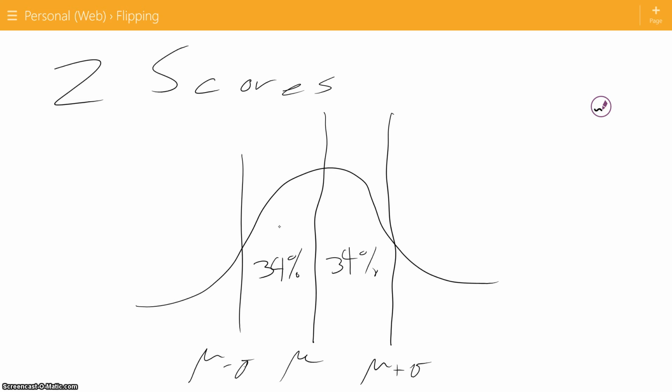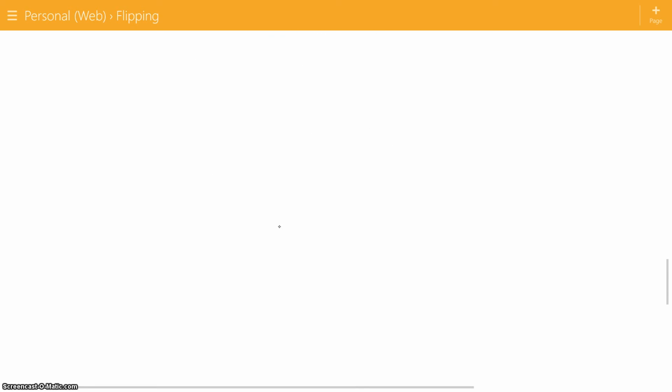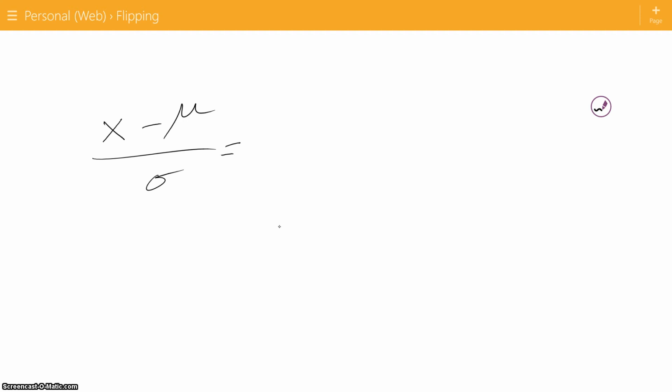That's where these z-scores come in and why they are so awesome. So let's take a look at a z-score. First of all, the formula to get a z-score, if you have some point that you want to know, we'll call it x, you subtract your mean, mu, and divide by the standard deviation. That gives you your z-score.